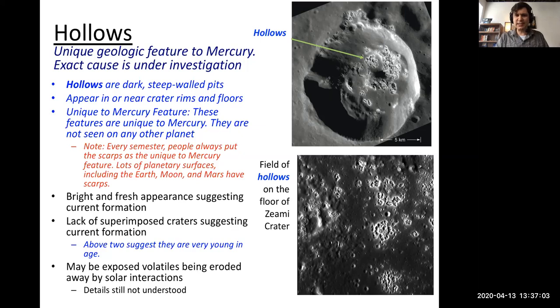Some of the ideas: Mercury has lots of volatile things where if they get hot, then they'll turn into a gas fairly easily. So one of the ideas is, being so close to the sun, a thermal wave penetrates deep enough into the surface, turns a lot of these volatiles into a gas, which will then explode out, creating these hollows.